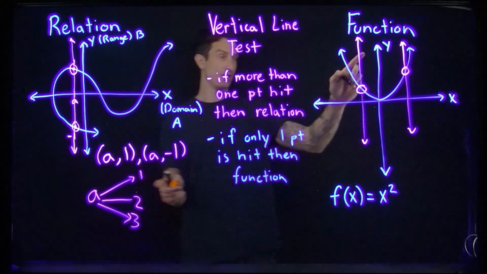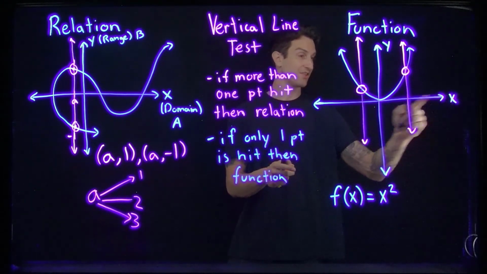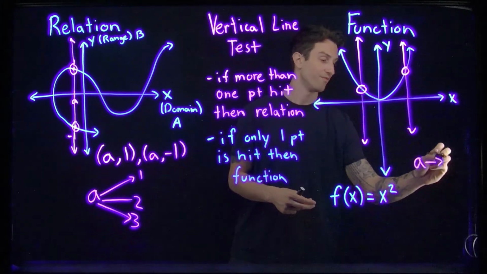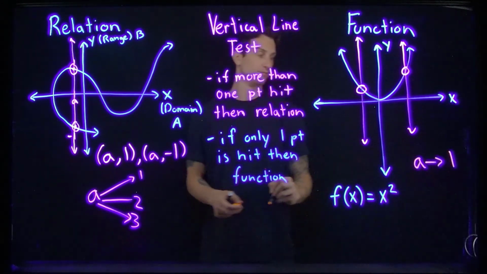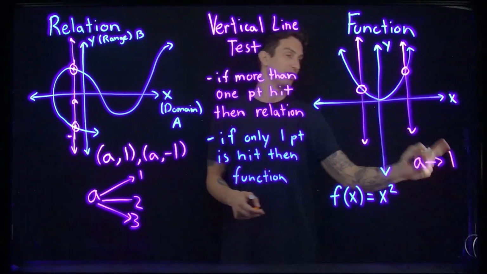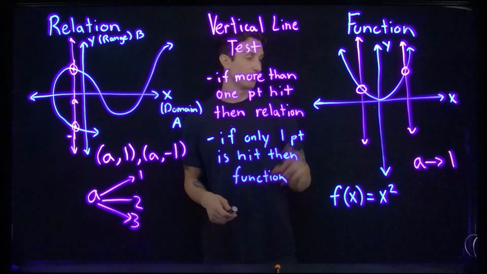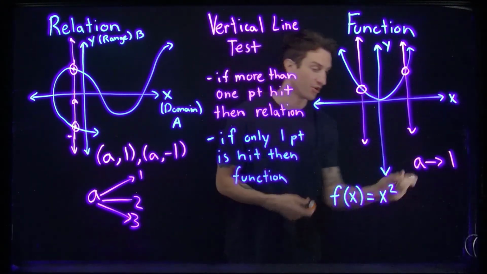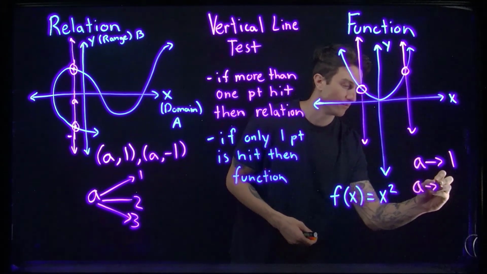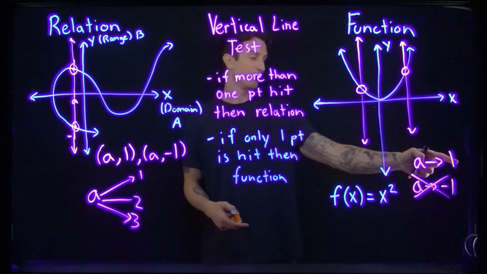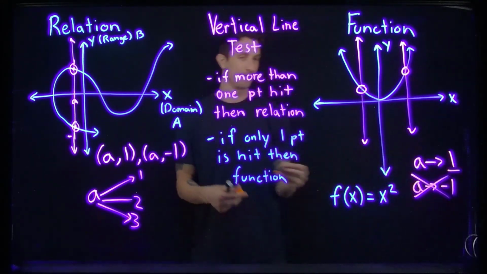Over here in a function, if I plug in something from my domain, let's just call it A, it can only go to one value. It doesn't matter what the value is, I'll just put 1 here because it's the number I thought of first, but it can only go to one value. I can't have another A going to -1. This is no good. This would not be a function. A only gets to be plugged in once to get one output.